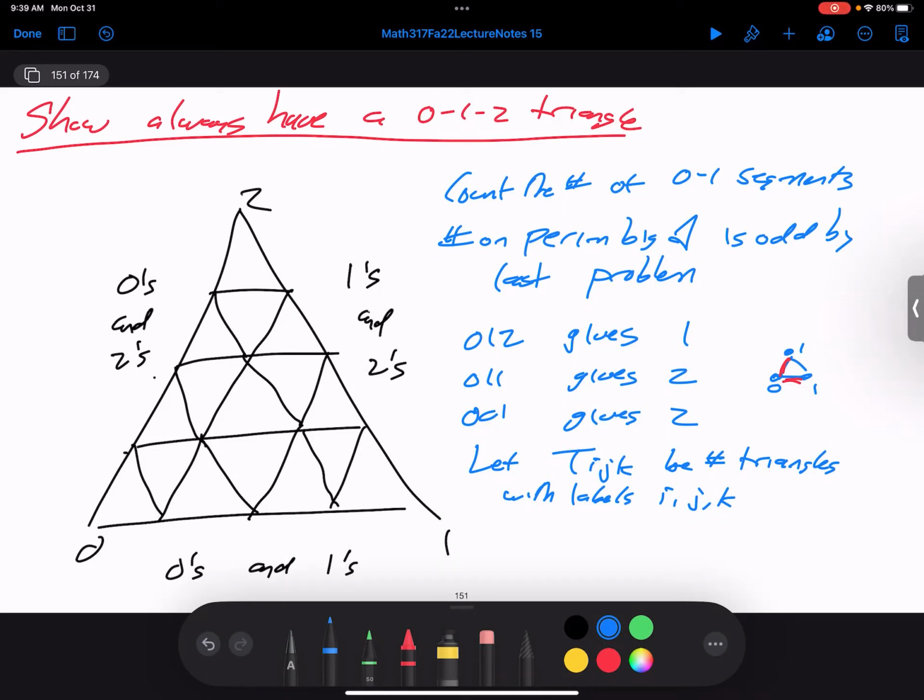Well, the number of 0, 1 segments we have is going to be a function of the labeling, and it's going to depend on how many triangles we have. If we have an internal edge, how many times are we going to count that 0, 1 segment?